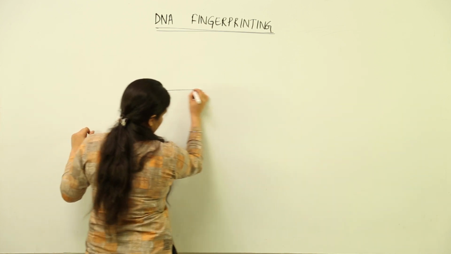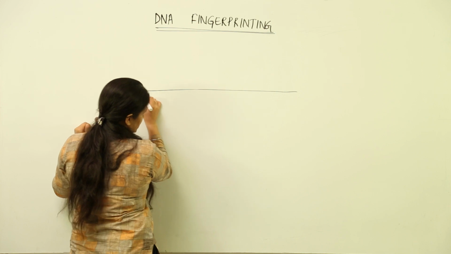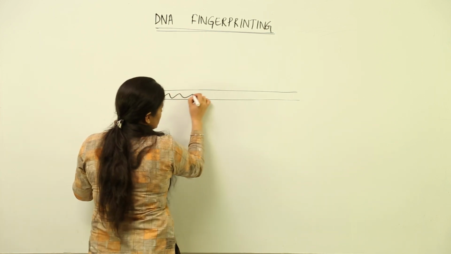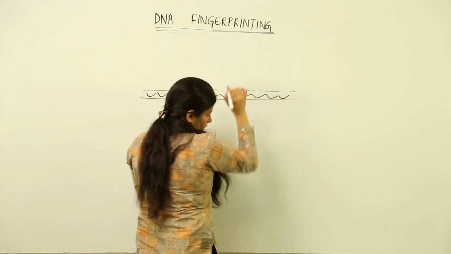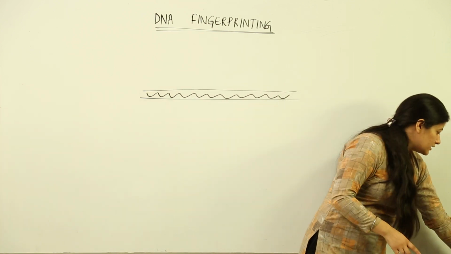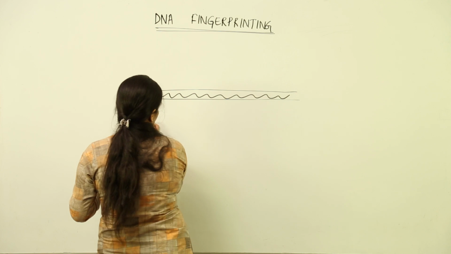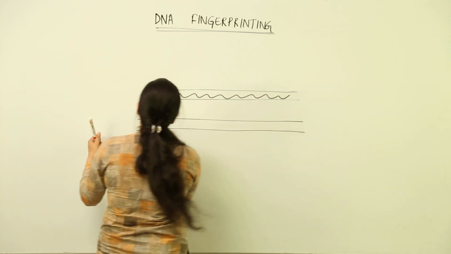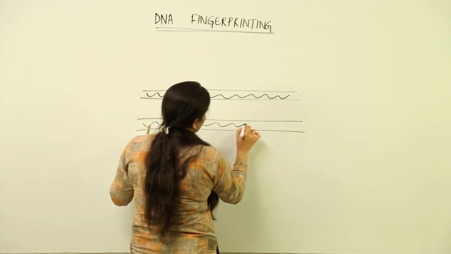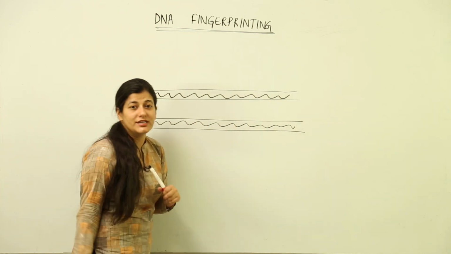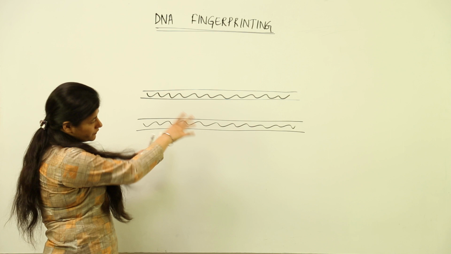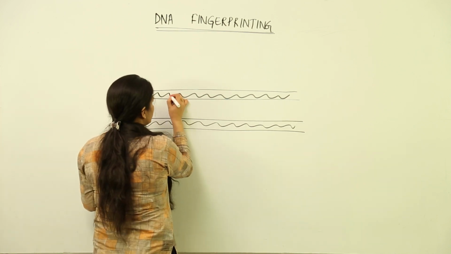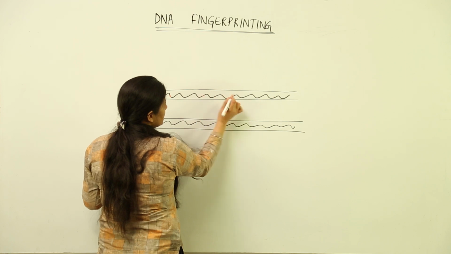See, supposedly this is 1.1 meter of DNA of an individual. It has this composition, okay? And the other individual has this DNA. Now, there is one statement that 99.9% of the DNA is similar, as I have tried to present over here. That 0.1% difference lies either over here or here.